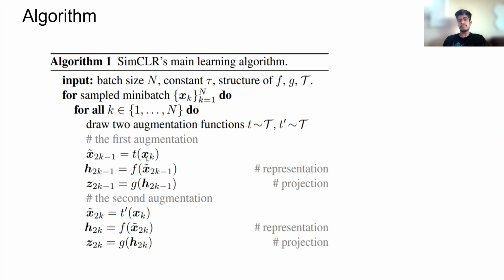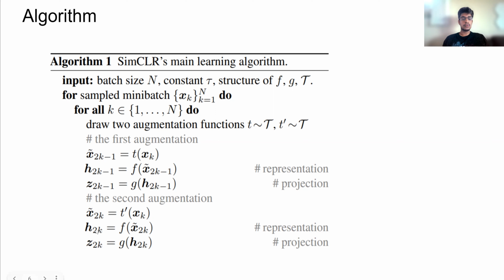So you pass that particular image at k through flip. You pass that flipped image through the convolutional neural network, pass that output representation into the projection head network, and get the final representation z for that particular flipping function. Now you do the same thing for the rotation function by 90 degrees, and you get z.